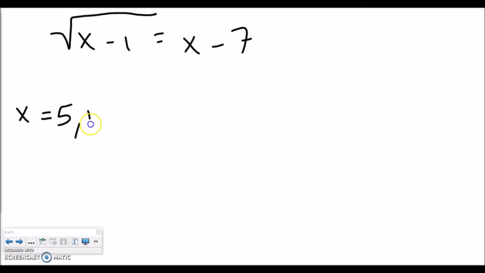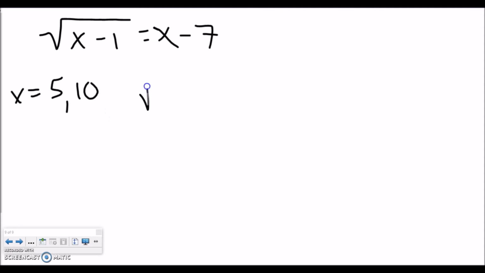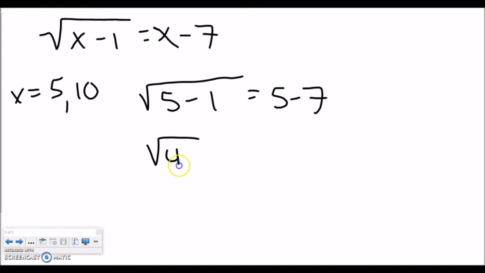Unfortunately, I ran out of space on this screen, so let me go to the next screen. So our problem was the square root of x minus 1 equals x minus 7, and our answers are 5 and 10. Let's try the 5. Does the square root of 5 minus 1 equal 5 minus 7? Is the square root of 4 equal to negative 2? Absolutely not.